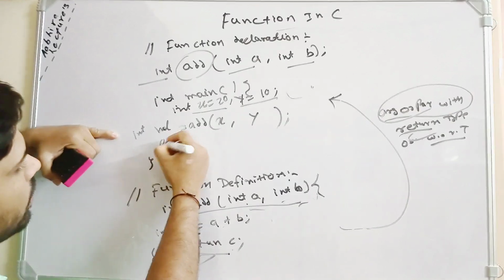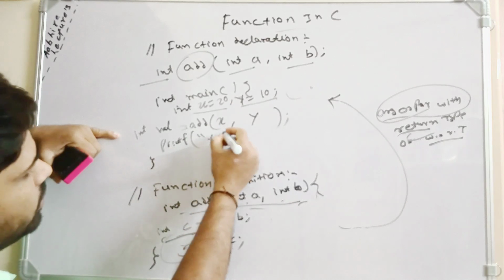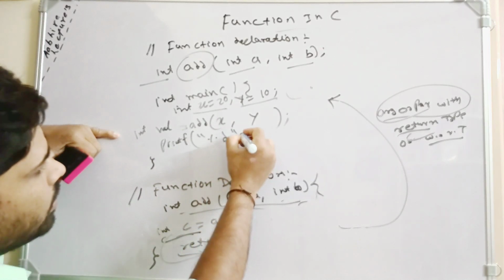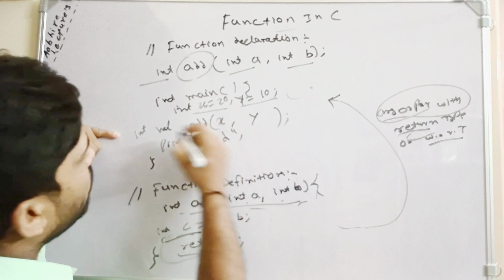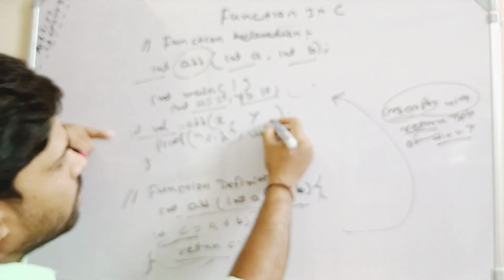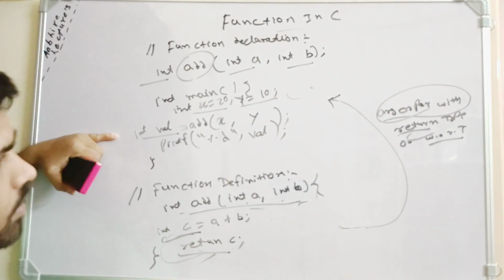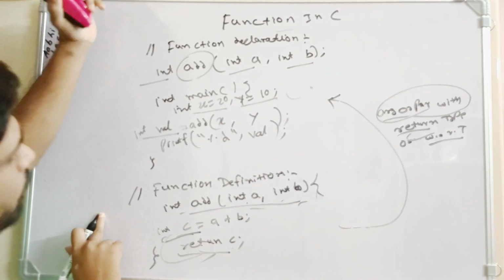Now we have to print, with %d, comma, then the variable where we stored the function result.